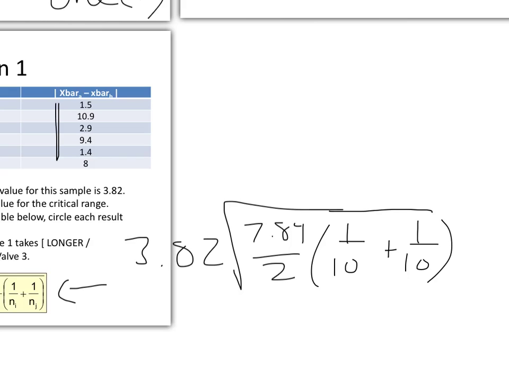Okay, so if we do that, then our value for our critical range, the result of this, is going to be 3.3827.